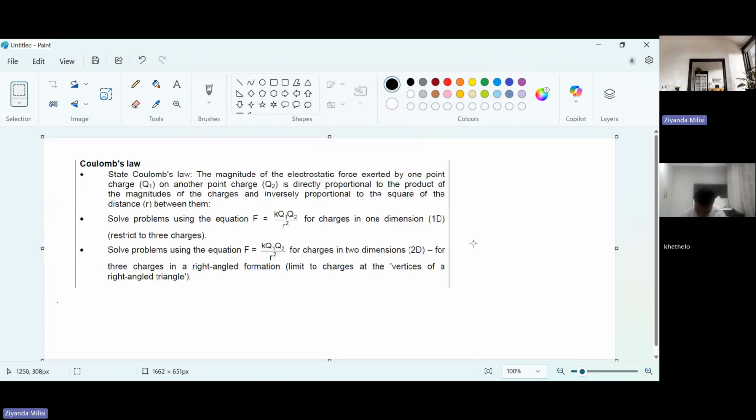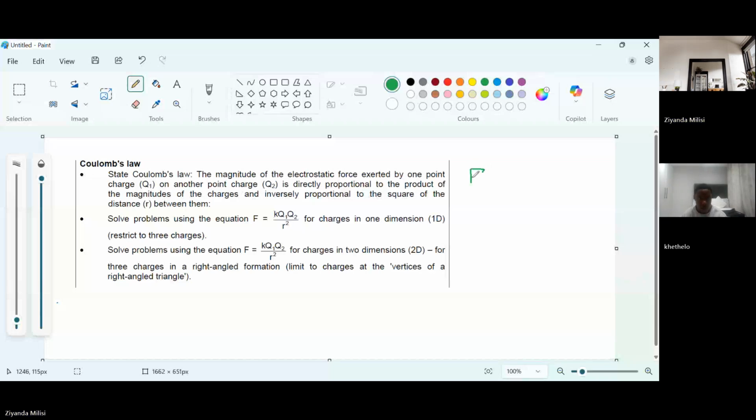If we state this law in symbols, we say this electrostatic force is directly proportional to the product of the magnitude of the two charges, and inversely proportional to the square of the distance between these two charges.